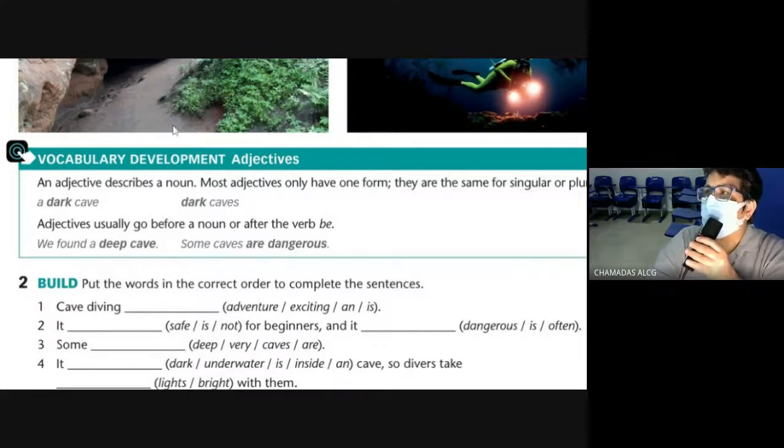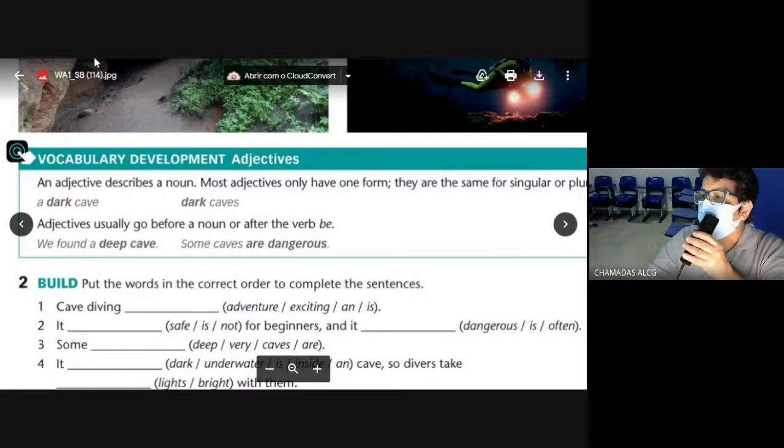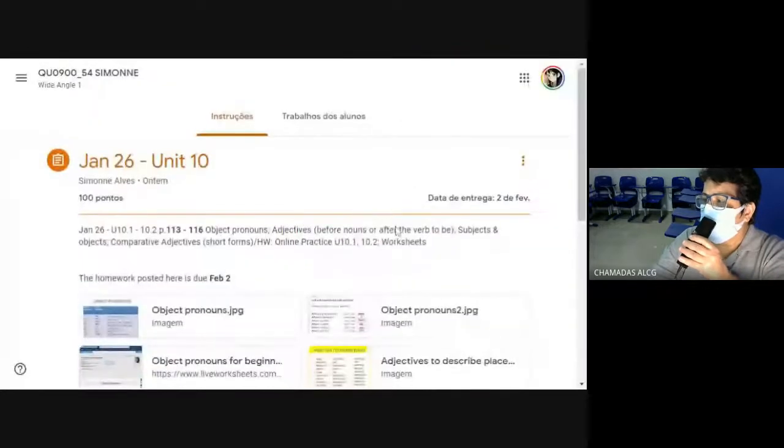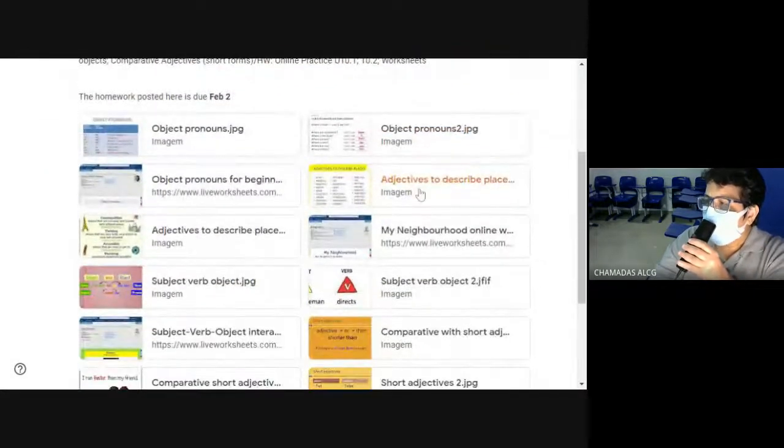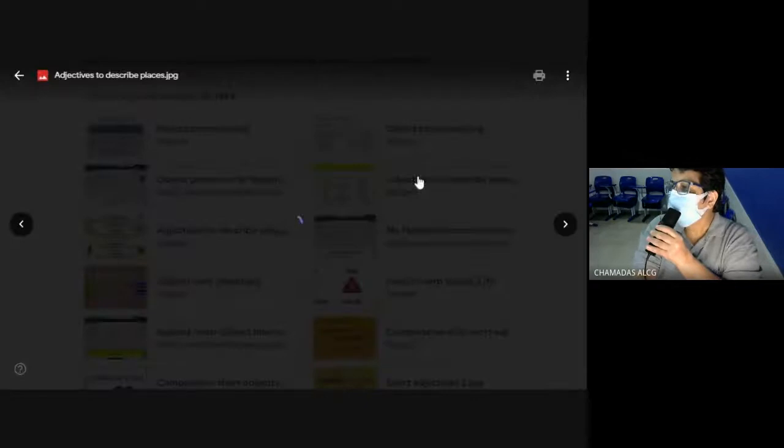All right, people. So here on our page on Google Classroom, I posted some adjectives to describe places. Okay, here we have a list.